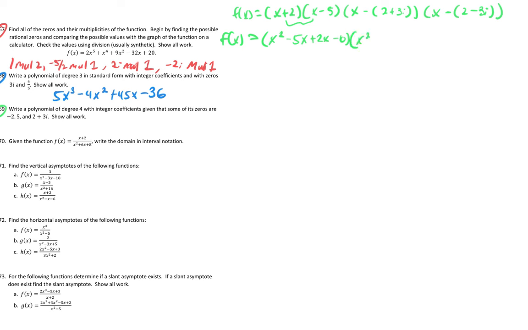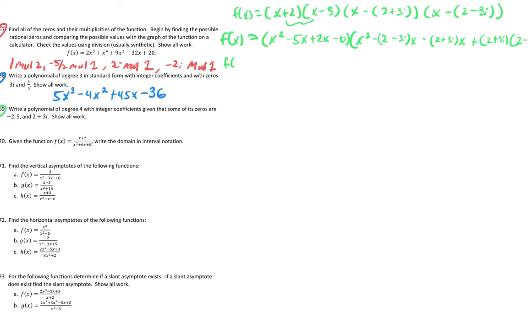So we're going to get x squared minus (2 minus 3i) x minus (2 plus 3i) x plus (2 plus 3i) multiplied by (2 minus 3i).